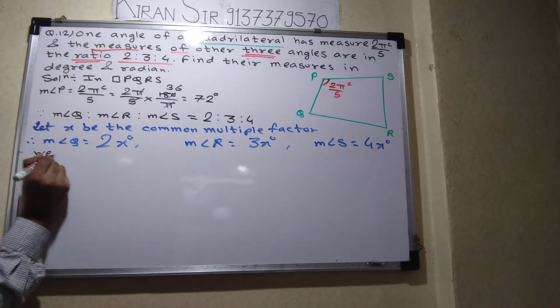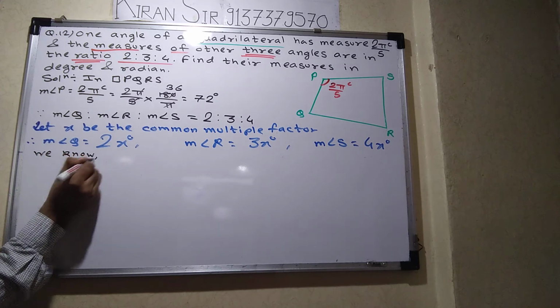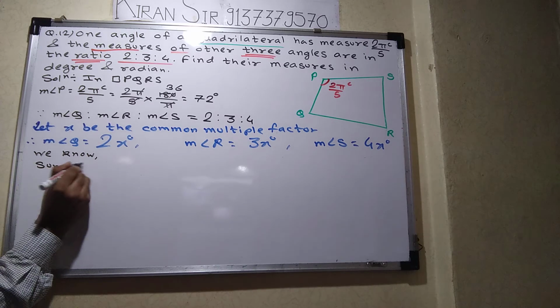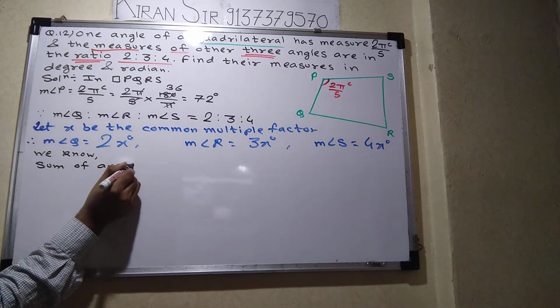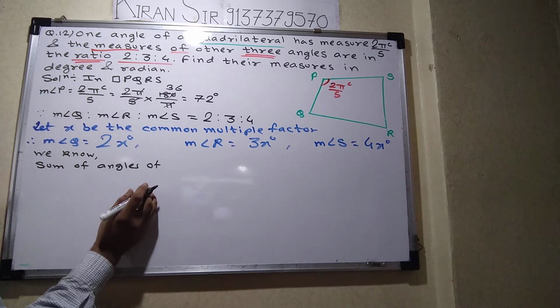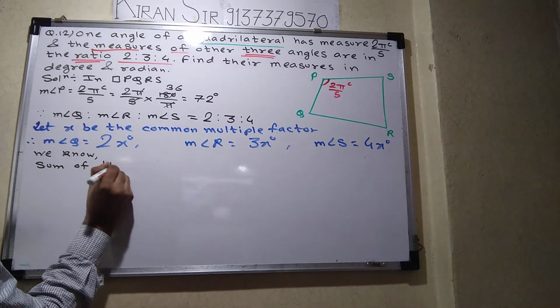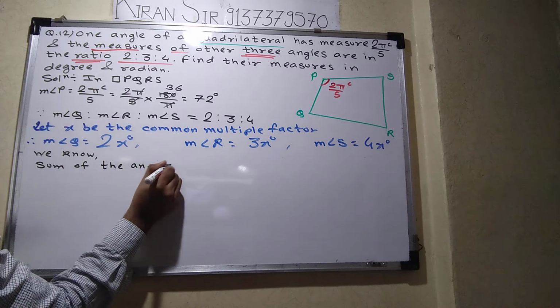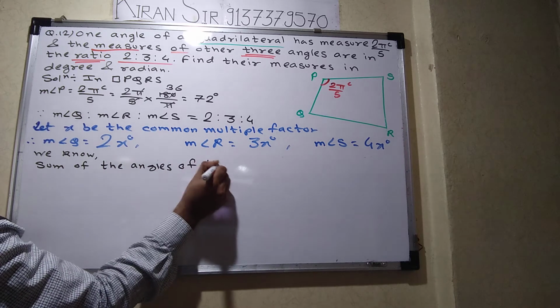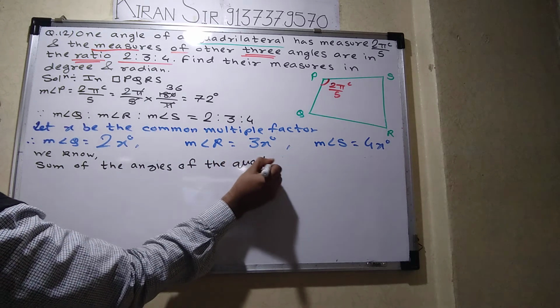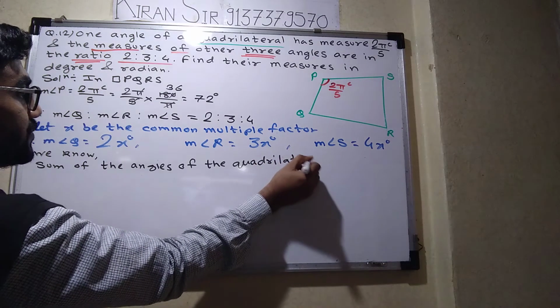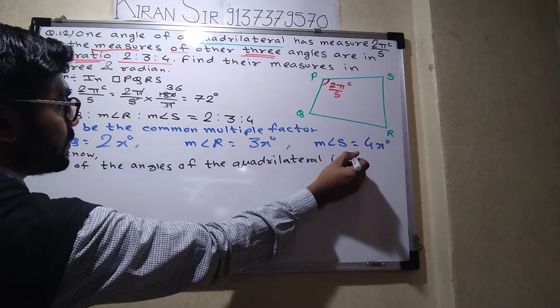What is the statement about a quadrilateral? The sum of the angles of a quadrilateral is how much?